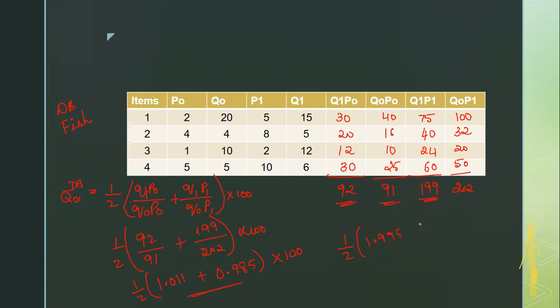Okay, into 100. Now multiply 1.995 into 1 by 2 into 100. What is the answer you get? 99.8. Okay, this is the answer for Dorbish and Bowley.